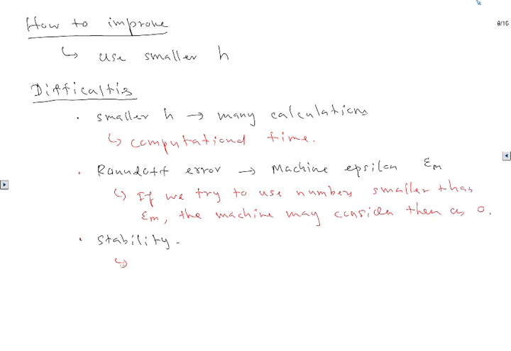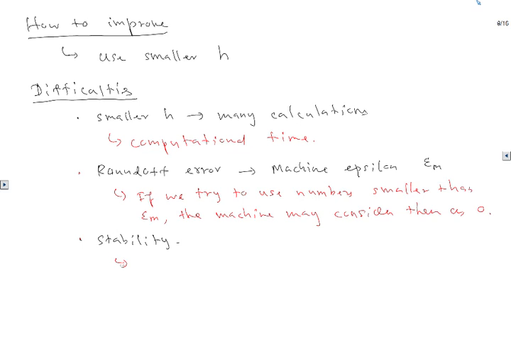That's what we call stability. There are certain problems where, no matter how small your h is or how many steps you try, it never reaches the actual solution. The algorithm does not give you the one you expected.